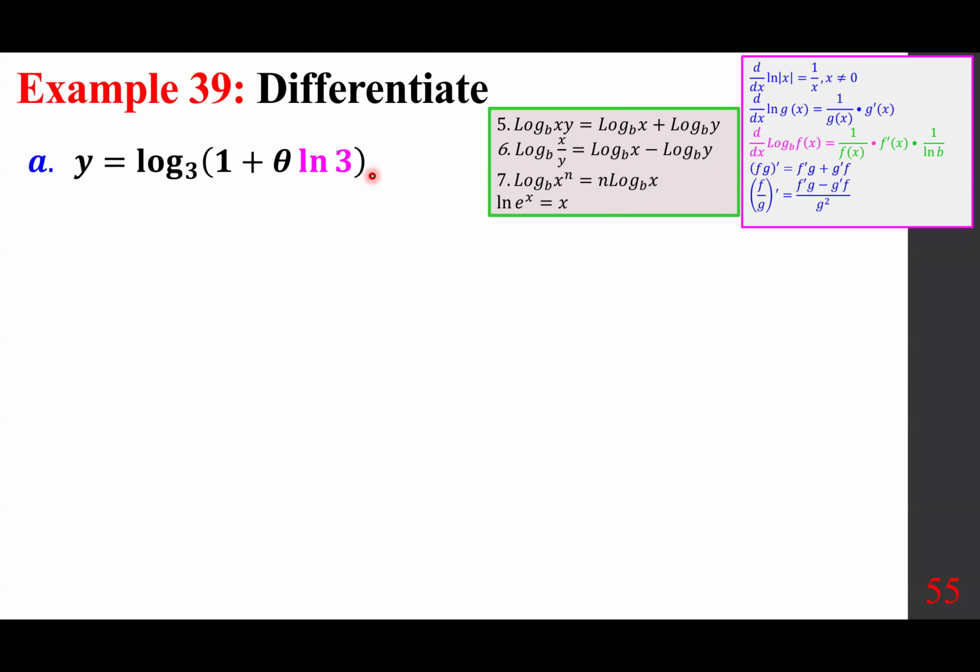So we start with the simple case of looking at this and say, whatever this one is, 1 over f of x, in this case, 1 over f of theta. So that means this is a function of theta, okay? And so 1 over this expression means 1 over 1 plus theta ln 3.